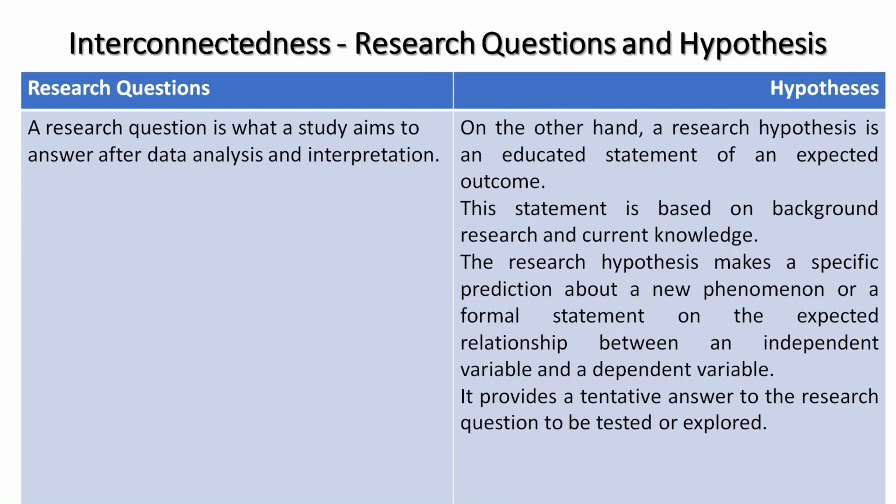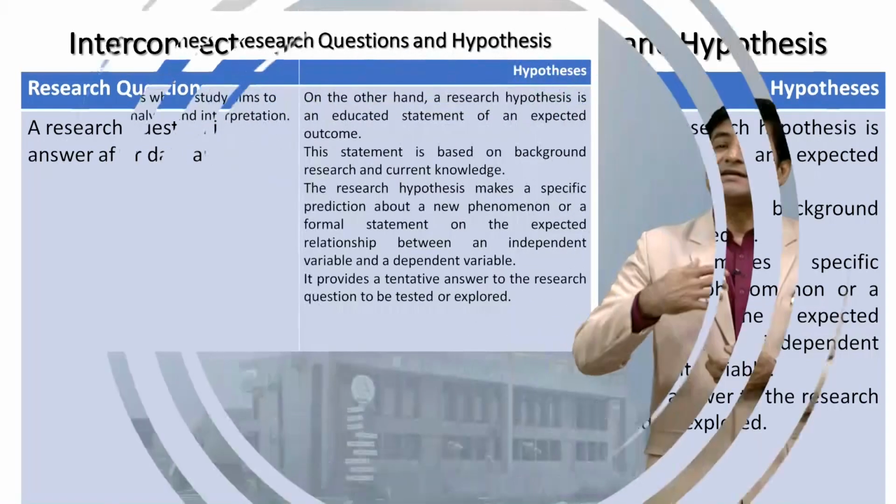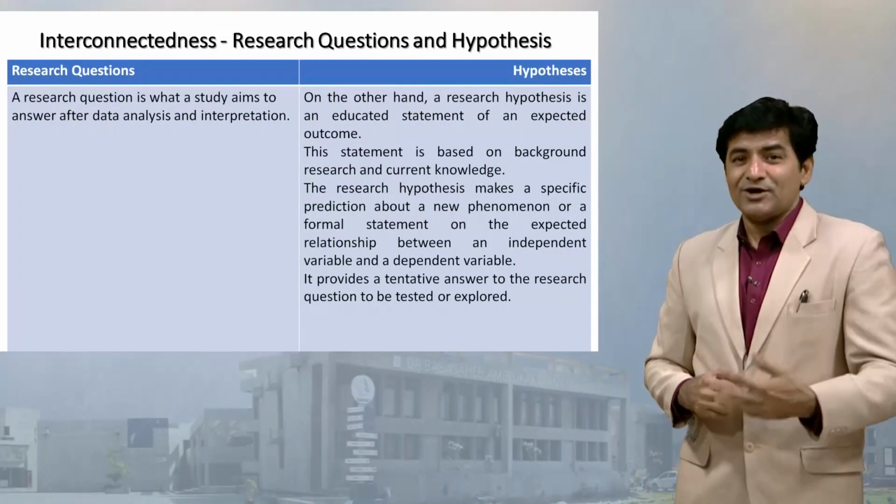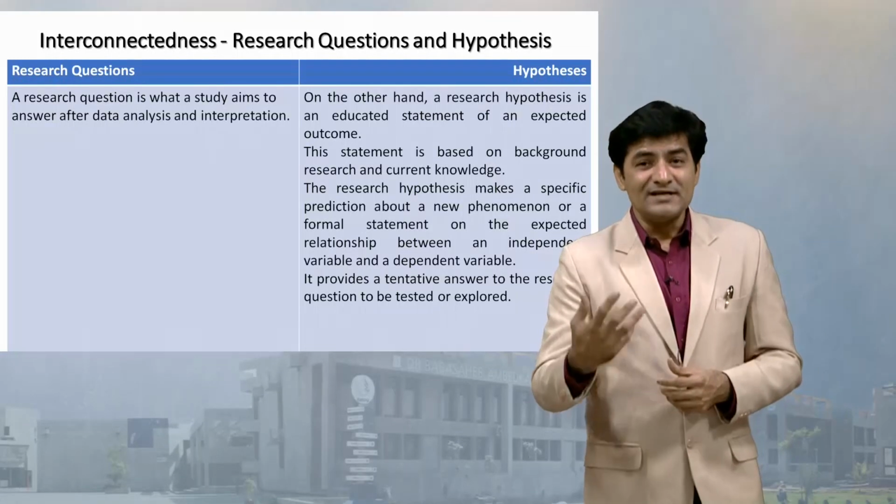A research question is what a study aims to answer after data analysis and interpretation. Whereas a research hypothesis, on the other hand, is an educated statement of an expected outcome.